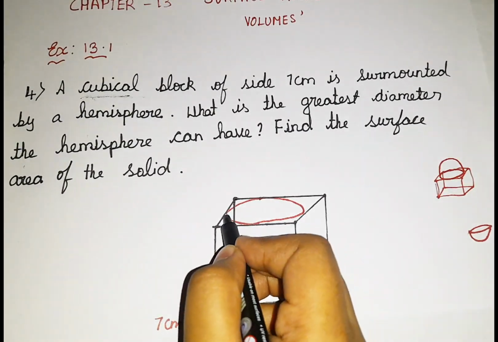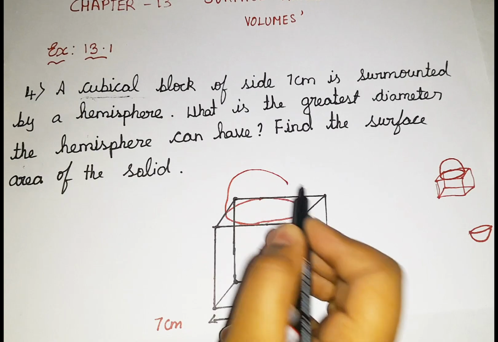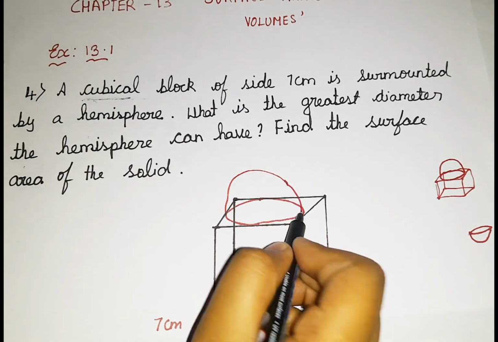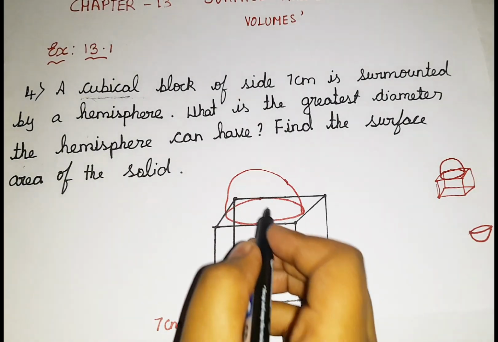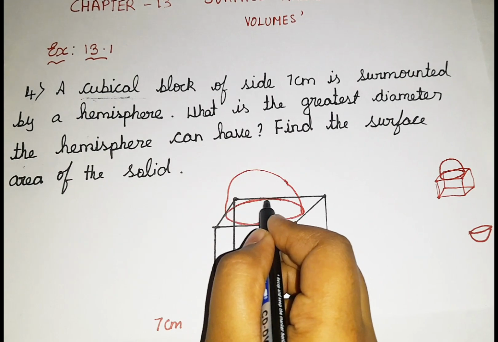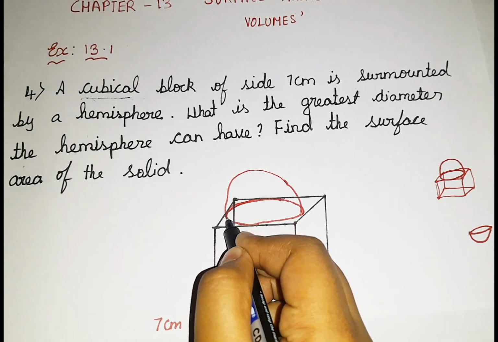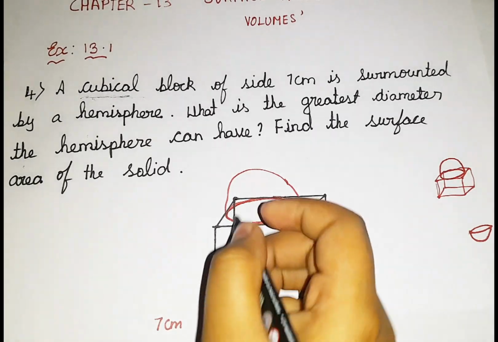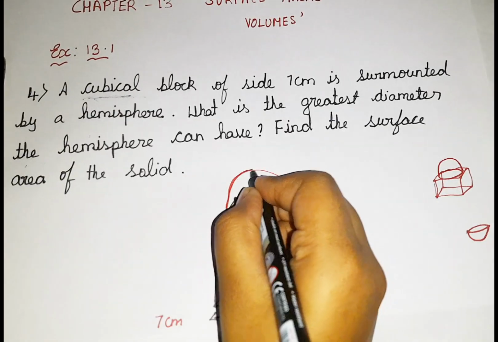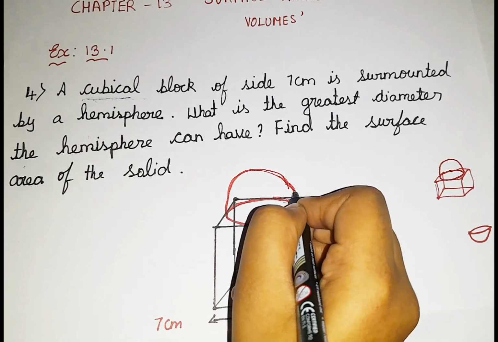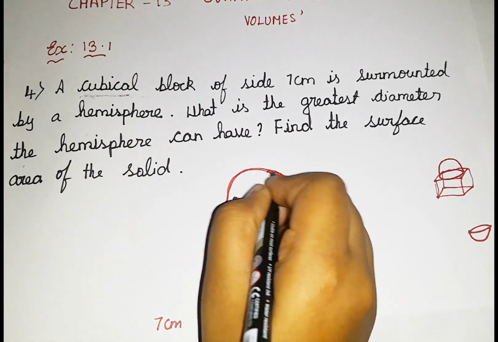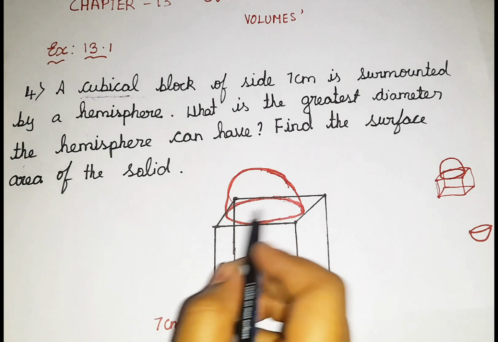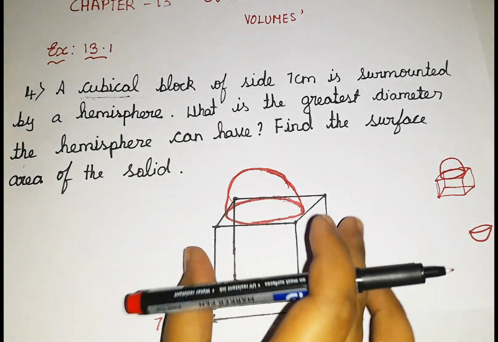Now it's perfect. I guess the figure is okay. One second, I'll just darken it, then only you can see it. This is the hemisphere which is surmounted upon a cube.